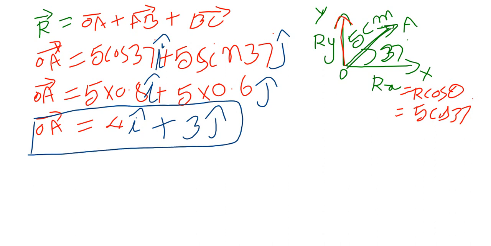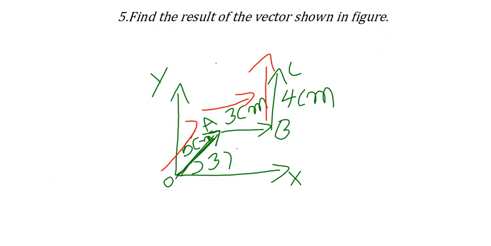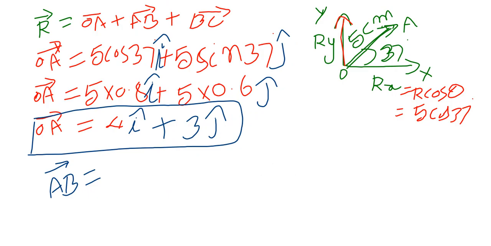Next, AB bar. AB bar is here. It is parallel to the x-axis, so its component is 3i cap. So AB bar is 3i cap.